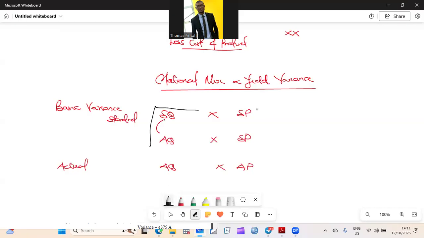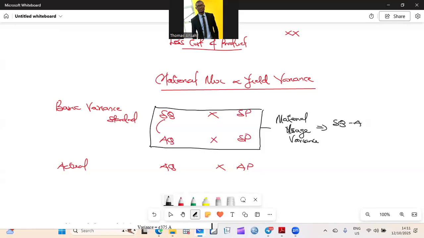Just a recap of something I want to see. This part will give you your material usage, the volume that you use. Material usage variance. The formula therefore will be standard quantity minus actual quantity multiplied by standard price.